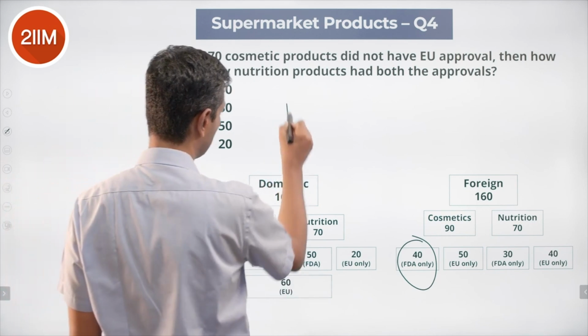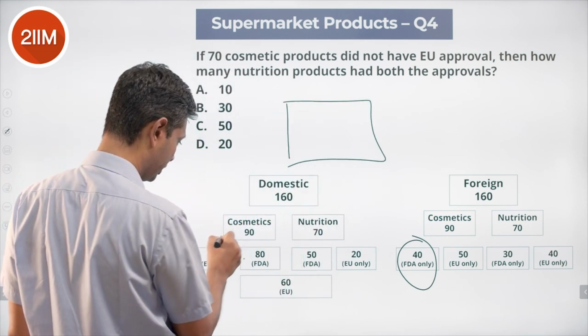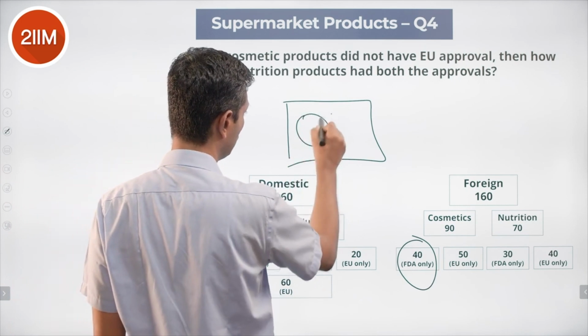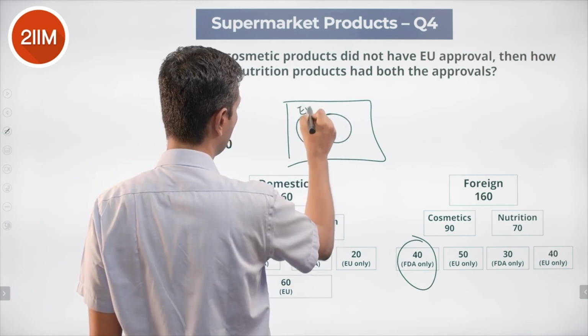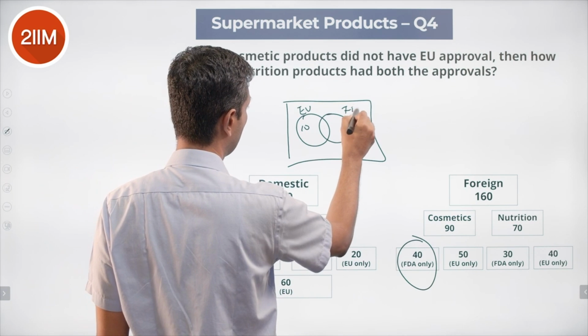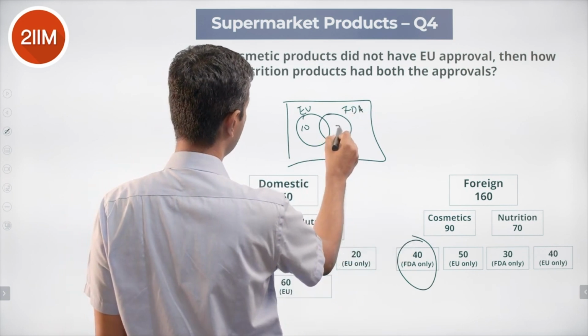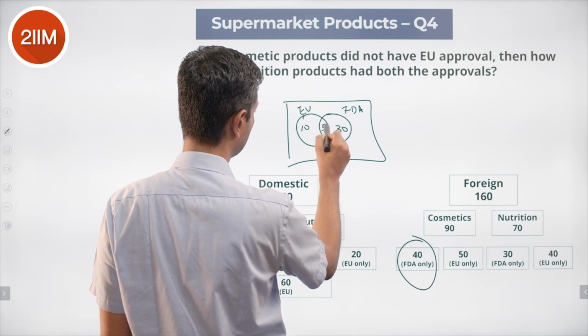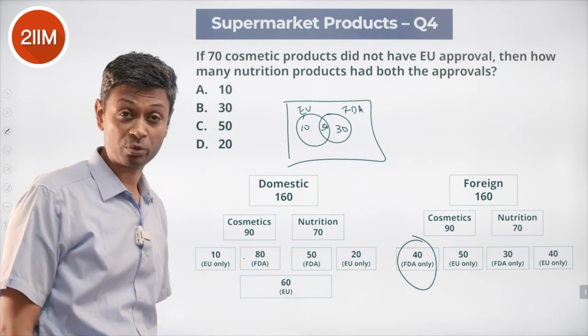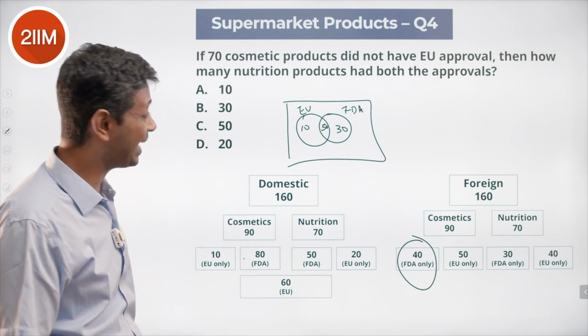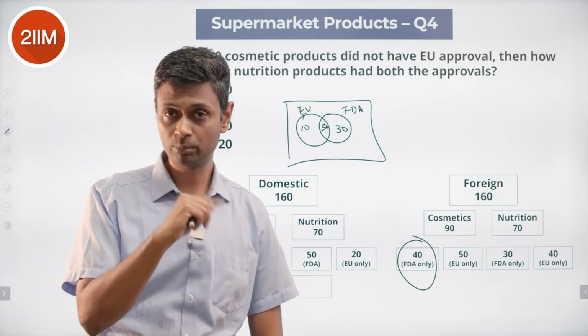So this, looking at cosmetic, domestic, EU and FDA. EU is 10, FDA but not EU. 40 go away here. This should be 30. It should be 50 here. So 50 cosmetic products under domestic had EU and FDA approvals, both of them.